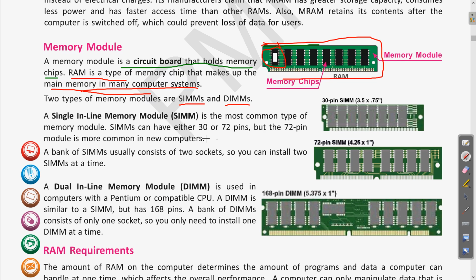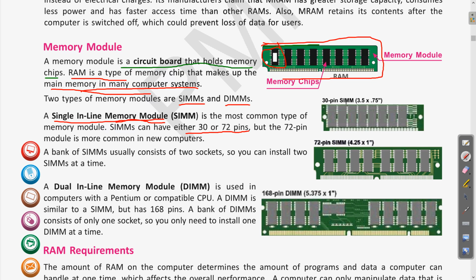So SIMM, that is single inline memory module. Single inline memory module. Keep on writing these abbreviations. Clear? So single inline memory module is the most common type of memory module, and they can have either 30 or 72 pins.